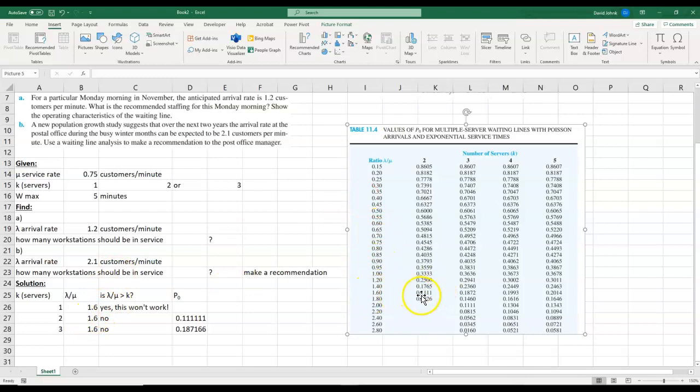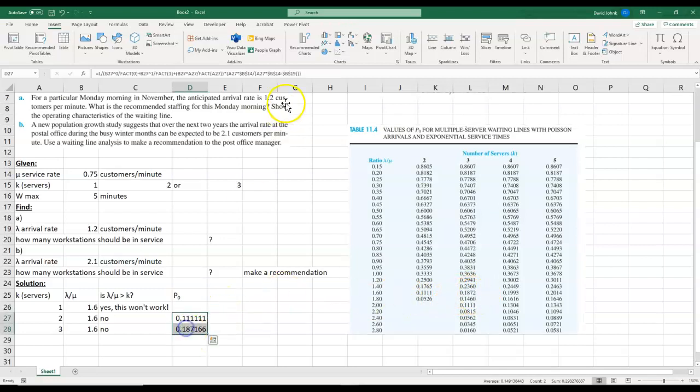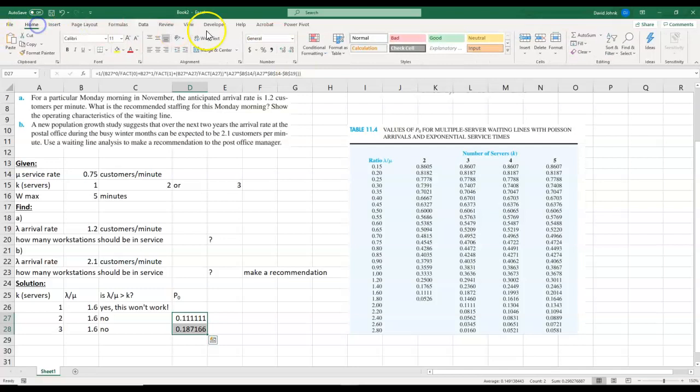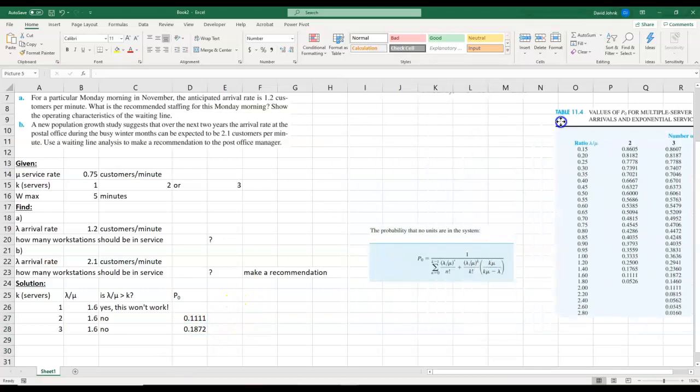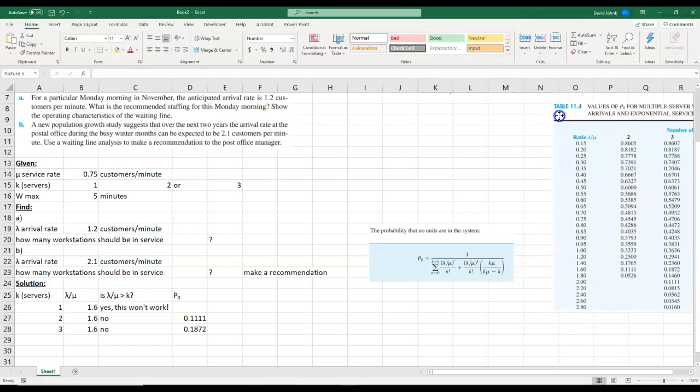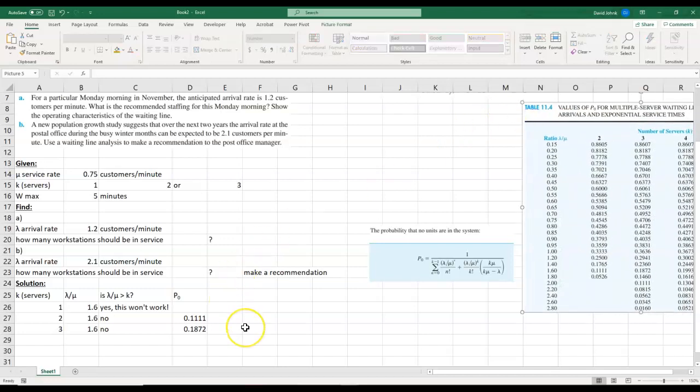If you go across with 2 servers, it's 0.111, and with 3 servers, it's 0.1. So if I take that to 4 places, it's the same number, right? 0.111, 0.1872. So instead of going through that, if you have the book, you can actually use that, right? So just to show you, you can look those numbers up. I'm going to show you several ways to solve this, but that's one way.